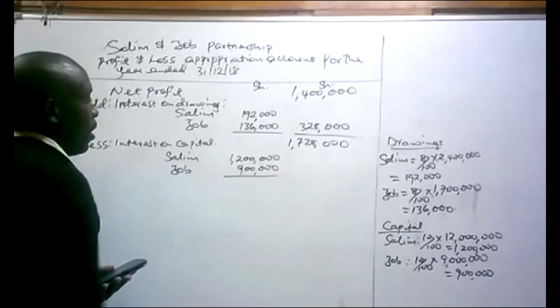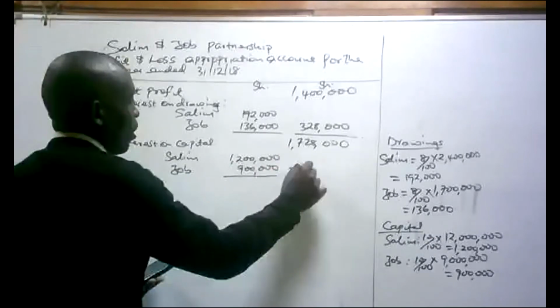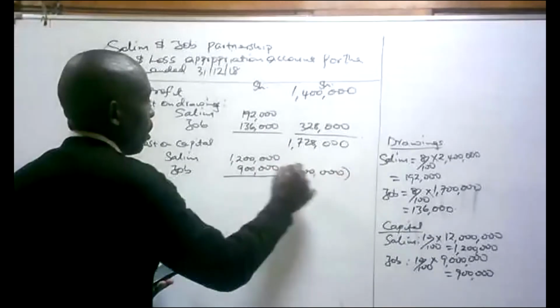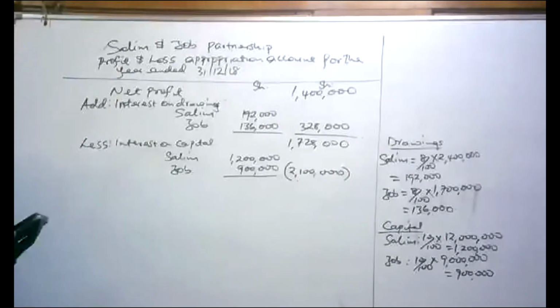The two combined is 2.1 million. We are subtracting.